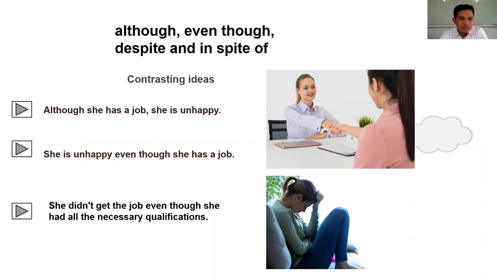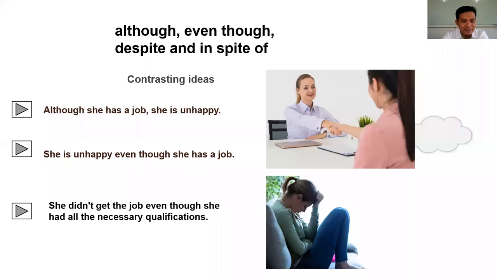Okay, and now we use "even though" or "although" in the middle of the sentence. "She is unhappy even though she has a job." Or "Mary is unhappy even though she has a job." Maybe she has a problem, all right? Maybe she doesn't like the job, probably. Okay, the second picture: "She didn't get the job even though she had all the necessary qualifications."